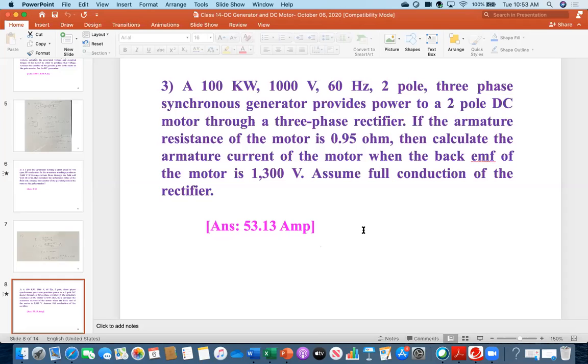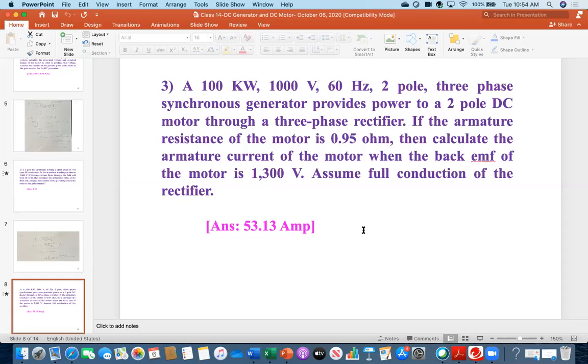This is a pretty standard problem for motor generator, DC motor, DC generator. You might get this type of problem in your FE exam, and this is pretty standard. Therefore, keep all your notes and class material with you even after completing this semester. That will help you to do well in the FE exam.